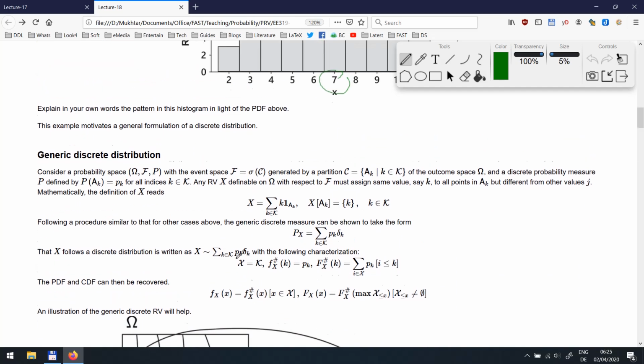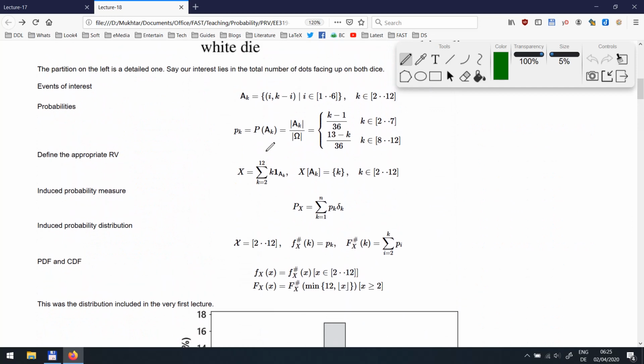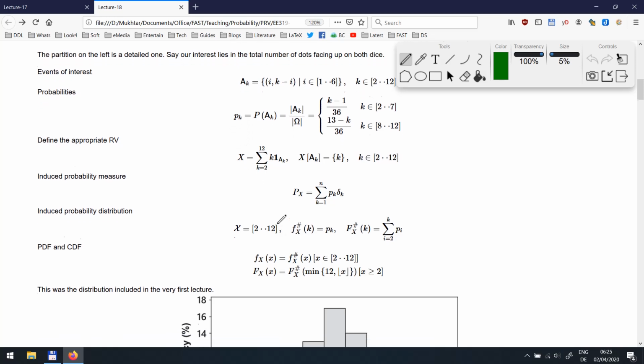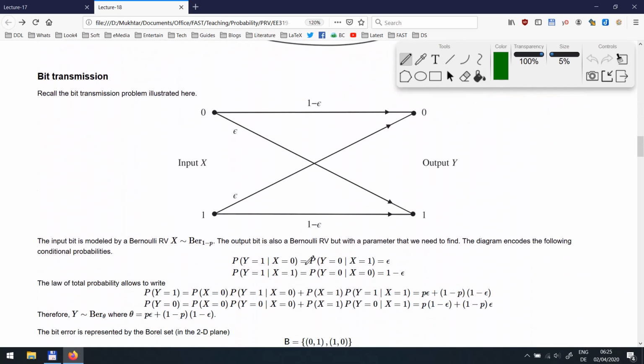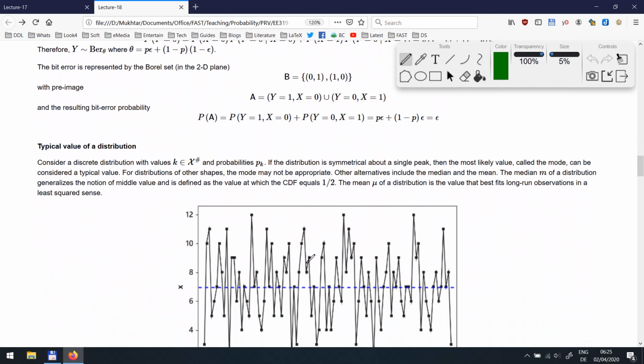So remember, we have the p_k's and we have the values. These 11 values, each one will be multiplied by the respective probability, and then we add all these products and we get the mean value of that random variable.